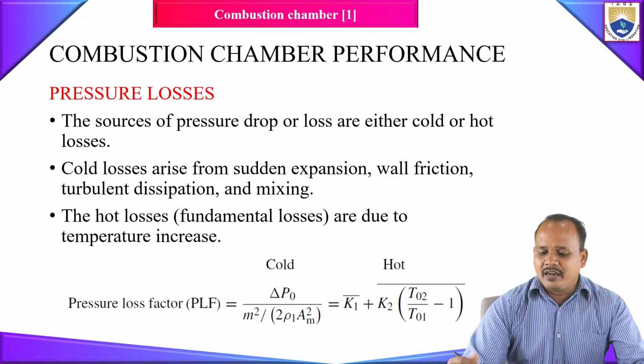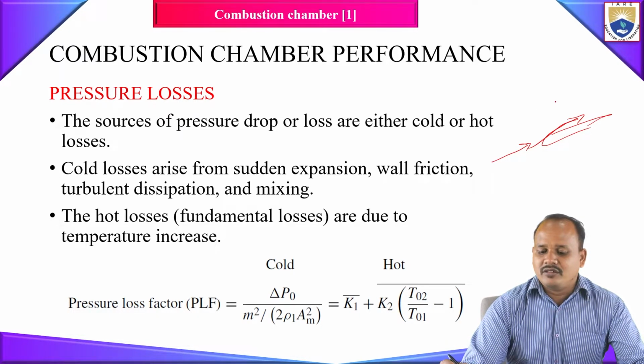You know that in aerodynamics, whenever an airflow is moving over any solid surface, your fluid is viscous in nature. When a viscous fluid moves over a solid surface, you will have boundary layer growth, and the boundary layer growth results in frictional loss.